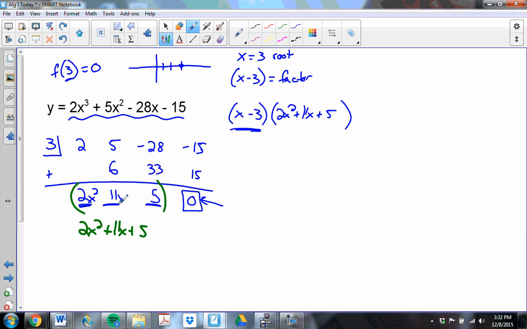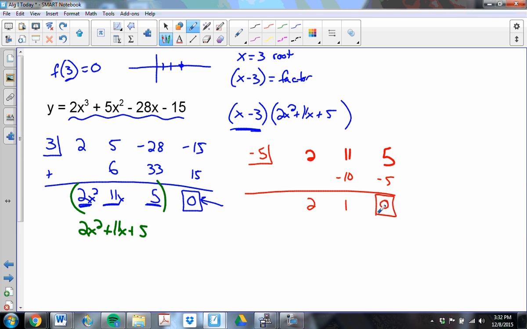And now I can do it again. I'm going to take this expression, 2, 11, 5, and I know, having set up this problem in advance, that negative 5 is also a root. If I plug in negative 5, I'll get out 0. Drop down the 2, multiply, add, multiply, add. I got a 0.